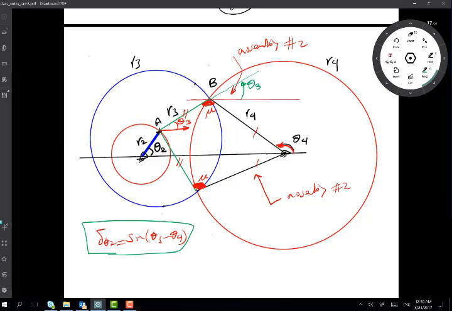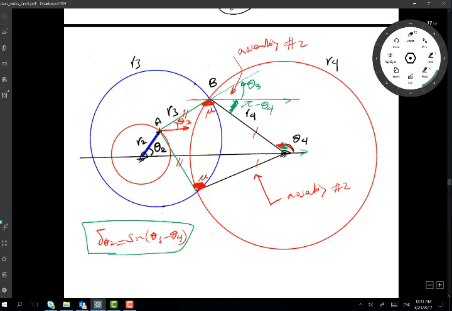Now this specific angle, I can relate it to theta 4, because don't forget that's also the x-axis. So this angle and theta 4 add together to 180. So this angle is equal to pi minus theta 4.